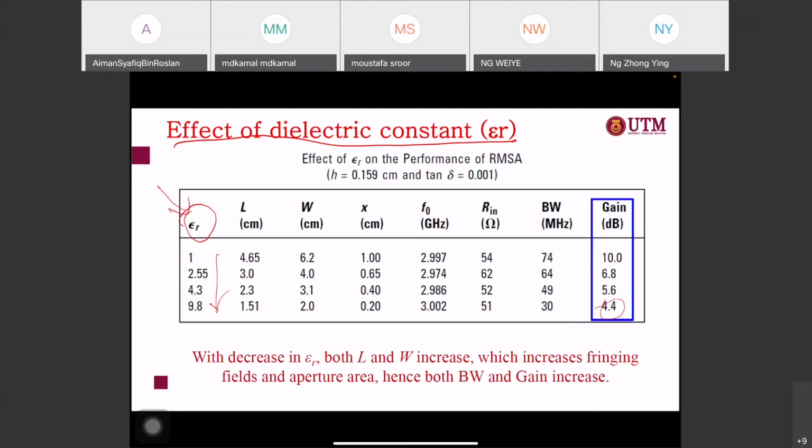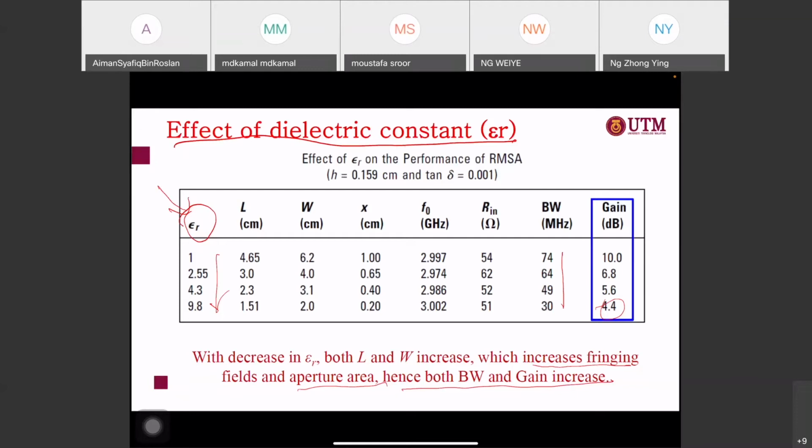With a decrease in epsilon R, both L and W increase, which increases the fringing fields and aperture, hence both bandwidth and gain are increased. So if you reduce your epsilon R, the bandwidth and the gain will increase.